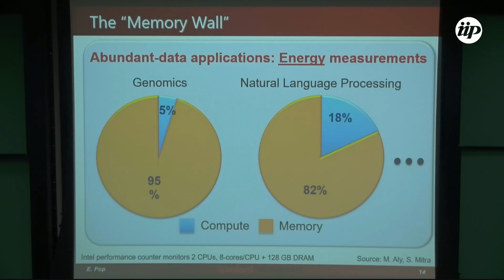Okay. So my colleague Subhashish Mitra at Stanford actually did a calculation. I believe this is a genomic application, this is a natural language processing application. I don't know the details, but he's published them.